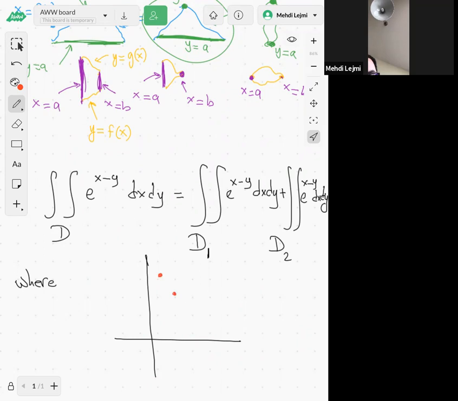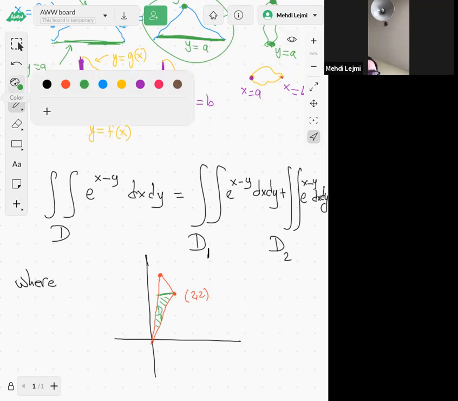So again, this is the point (2,2) here. So we have this here, this here, this here. So let's say this one here is D1. This region here is D1, and D2 is the one on the top. So D2 would be this region here. Okay.